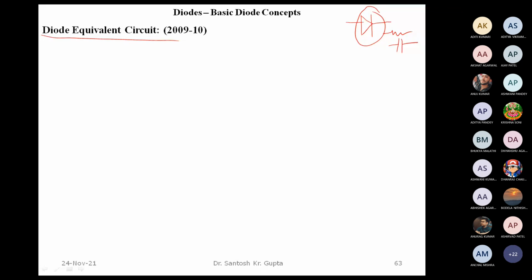Because in electronics we are mostly confined to finding out the response of circuits having semiconductor devices. The simplest device we are just learning here is the diode.